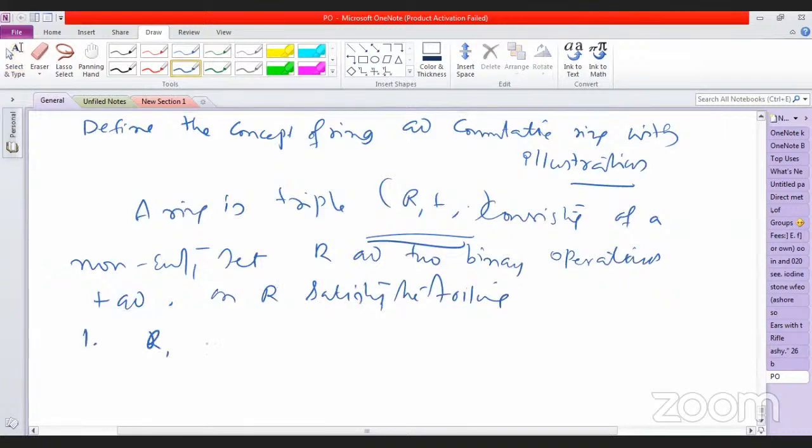R comma plus is a commutative group. Yes, sir.